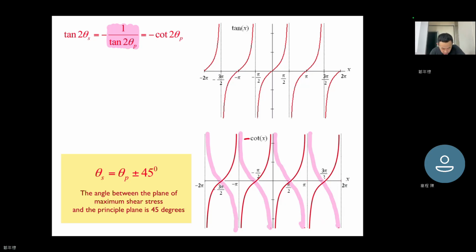And then you notice that here and here, their phase difference, theta difference, is actually half pi.